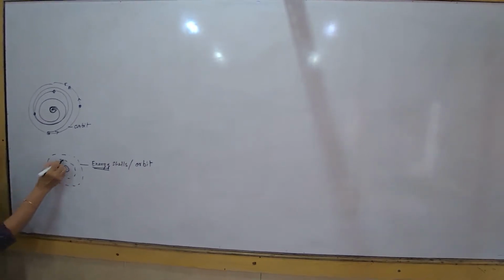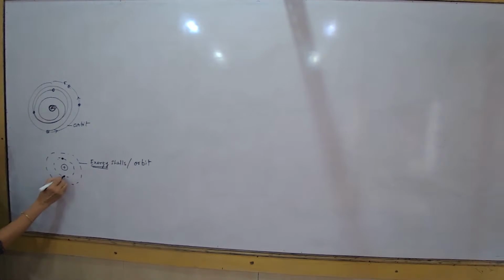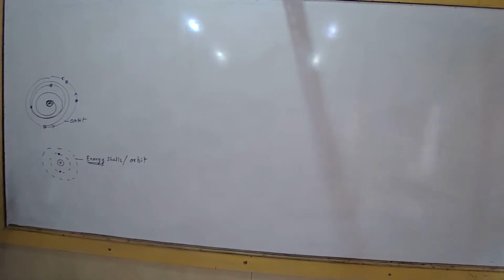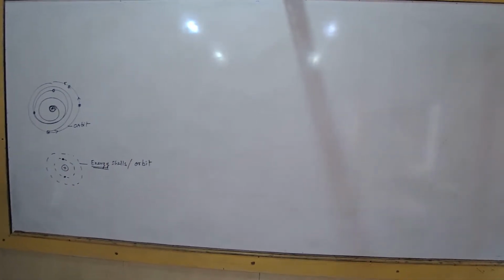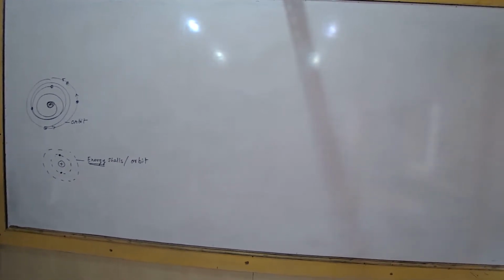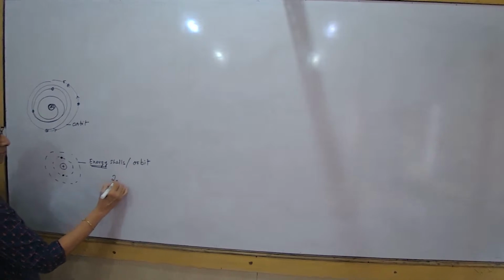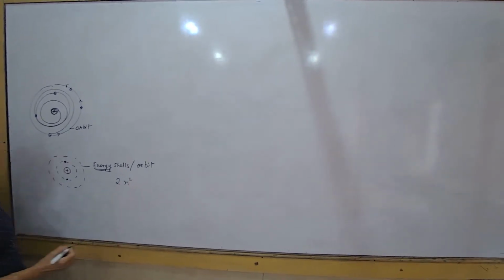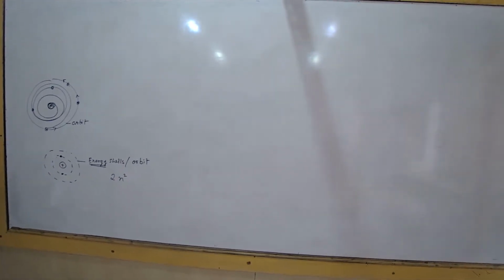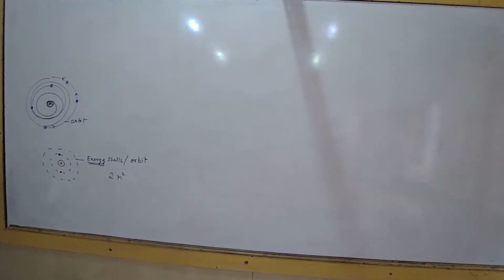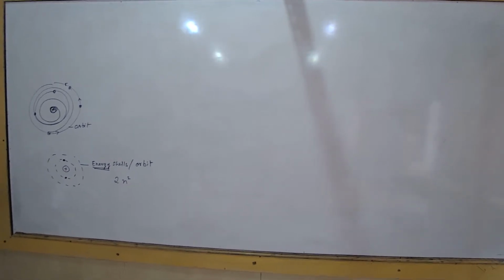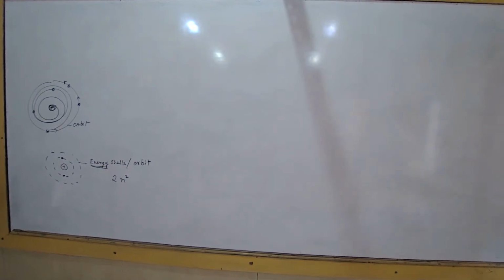And he said that as long as an electron is moving in a particular orbit or in a particular shell, it does not lose energy. You understand? And of course, he gave us this very simple formula, which is 2n squared, depending upon which you can find out how many electrons are present in the first shell, the second shell, the third shell, and so on and so forth.